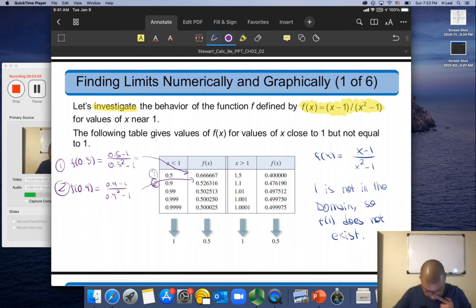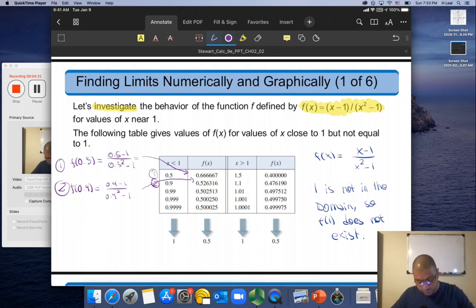And I keep doing that, getting closer and closer to 1 as I want, and this is what this arrow is telling you. We're getting closer and closer to 1, and this number here is getting closer and closer to 0.5. You can see the same thing happening if I choose values that are larger than 1 rather than smaller than 1, because here it was 0.9, 0.99.